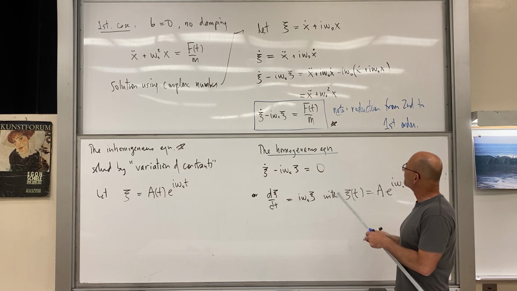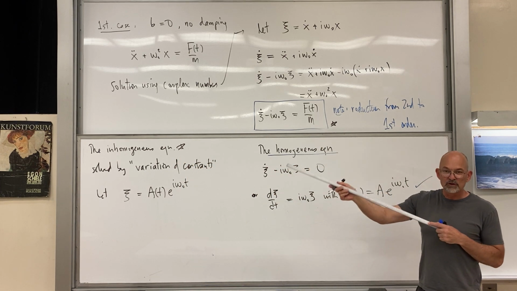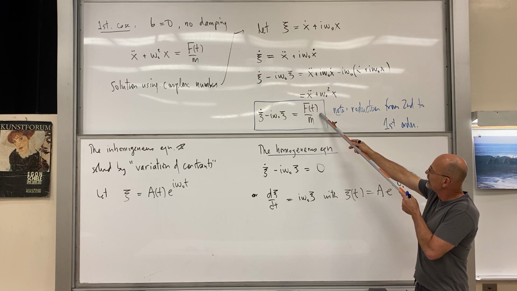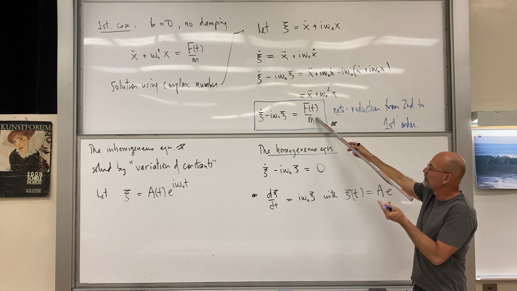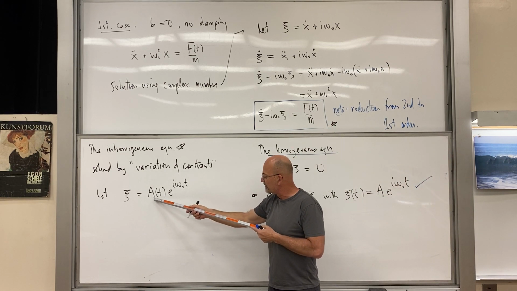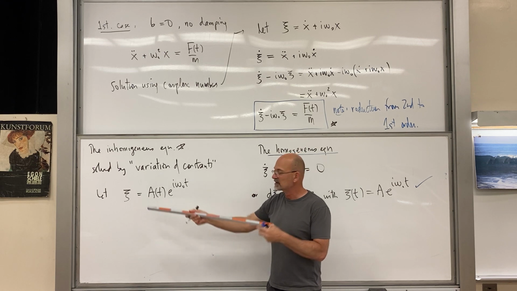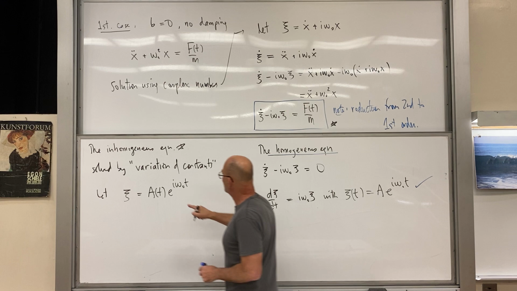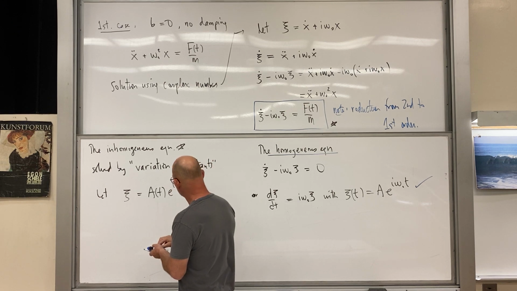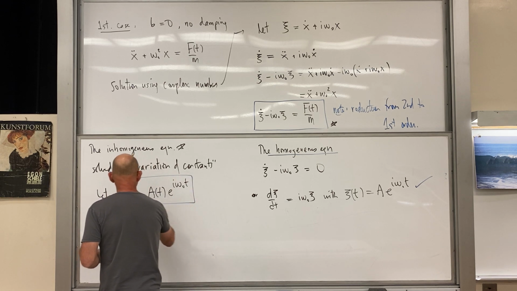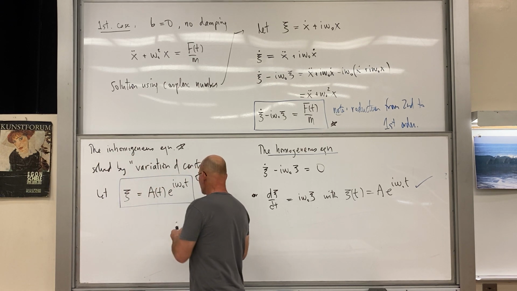And of course, what's going to happen in the solution that we end up with is if f of t vanishes, okay, so if you plug in f of t equals 0, this general solution is going to have a of t as a constant. Okay, so that's our trial solution, as we call it.